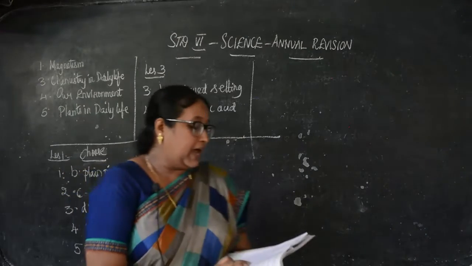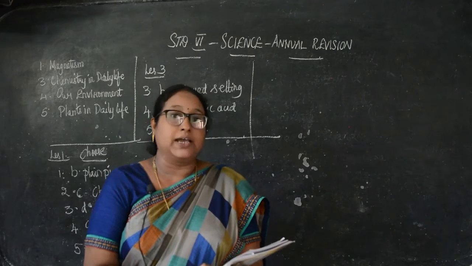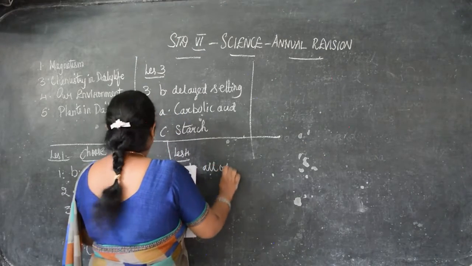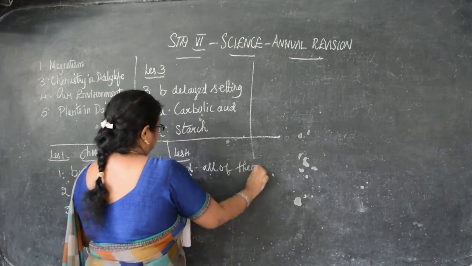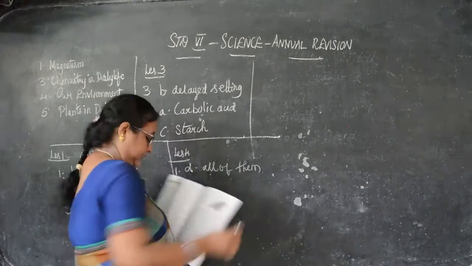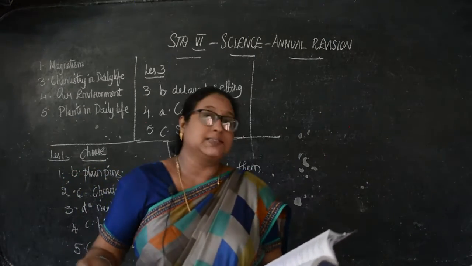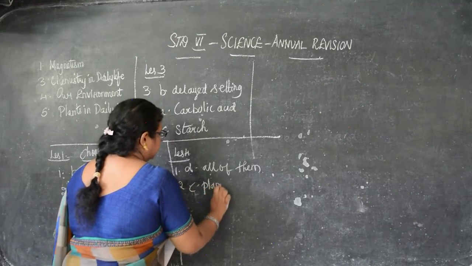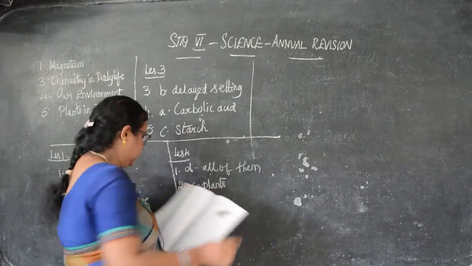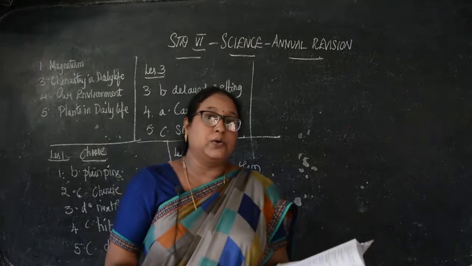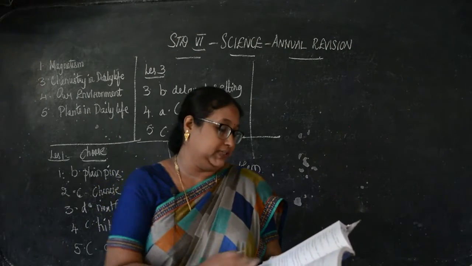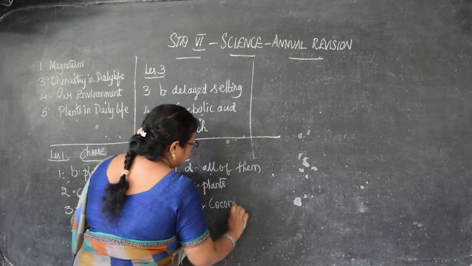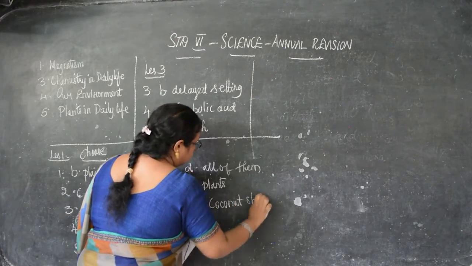First, choose. Identify the freshwater ecosystem. That is D, all of them. Okay. Then second, producers are dash. C, plants. Then third, it is a biodegradable waste. That is B, coconut shell.